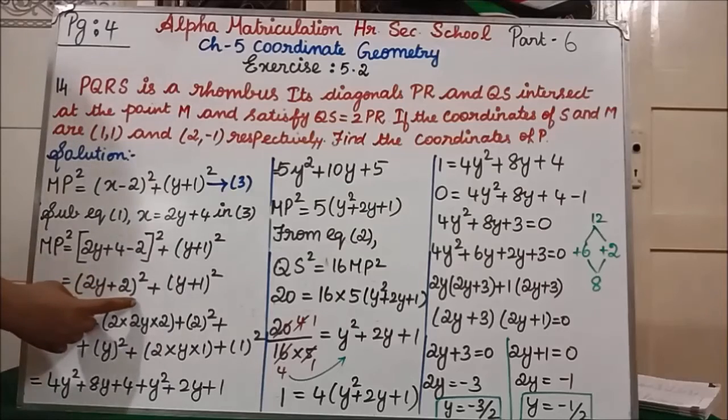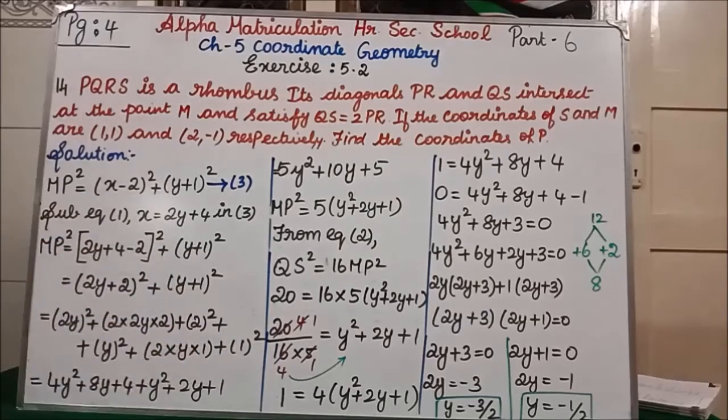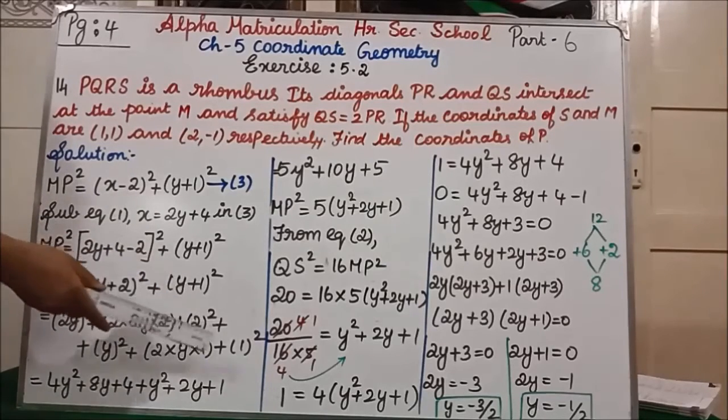This is in the form of (a plus b) the whole square, and this is also in the form of (a plus b) the whole square. The formula for (a plus b) the whole square is a square plus 2ab plus b square. So a is 2y, so (2y) the whole square, plus 2 into a into b, where b is 2, plus b square, which is 2 the whole square.